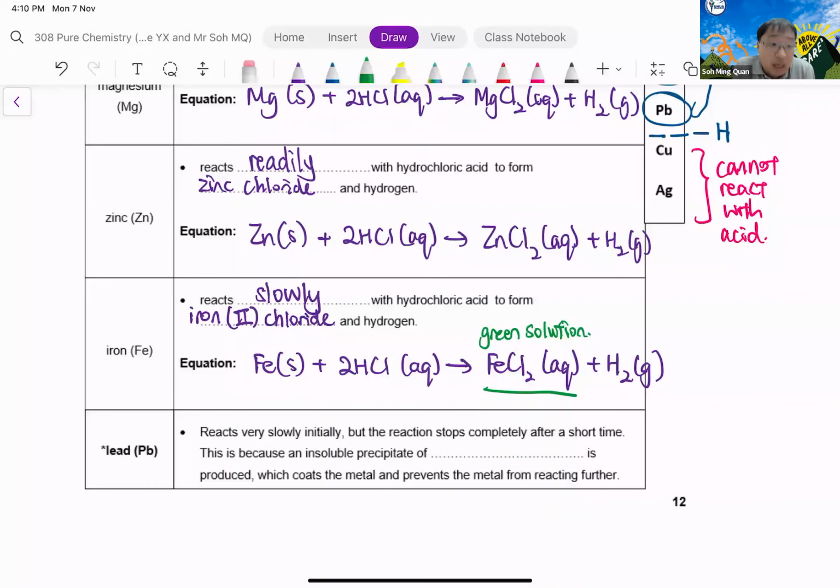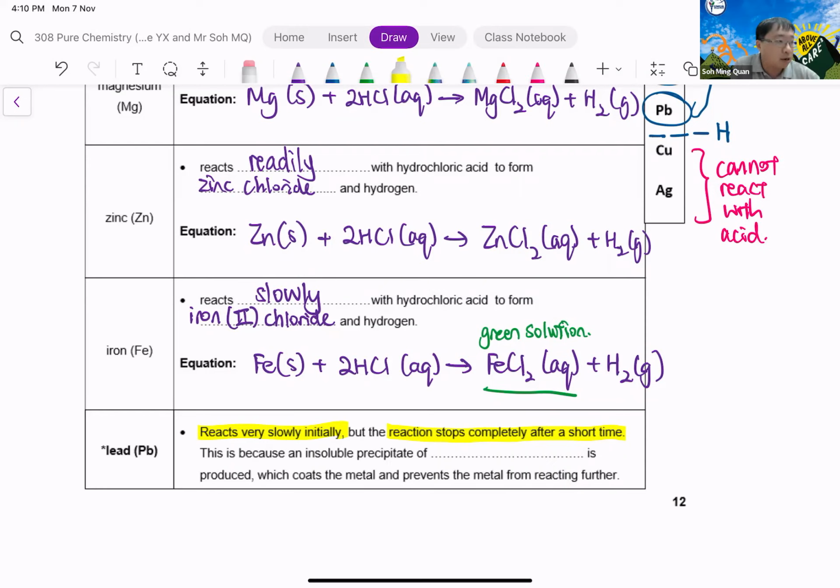Lead, Pb, is above hydrogen. So lead will react with HCl. Lead reacts very slowly, because it's even less reactive than iron. But the important part is you need to know this. It only reacts initially, but the reaction will stop completely after a short time. Meaning the reaction doesn't continue on forever. It's a very slow reaction, but it stops after a few minutes.